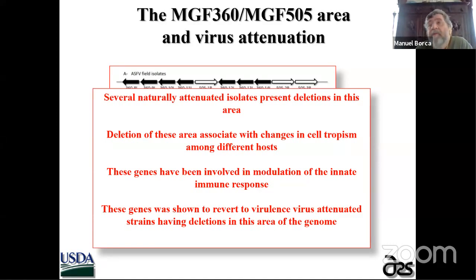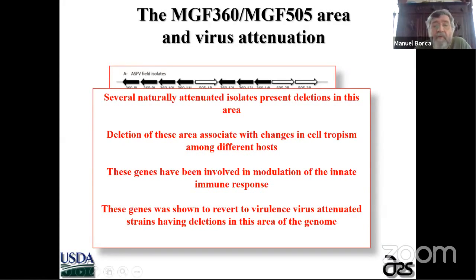So they could have some relationship with attenuation. Deletion of these areas was associated with changes in cell tropism, as has been shown by the group of Dan Rock in tick cells. Importantly, several groups have shown that these genes have an effect in immunomodulating the swine immune response, especially the innate.